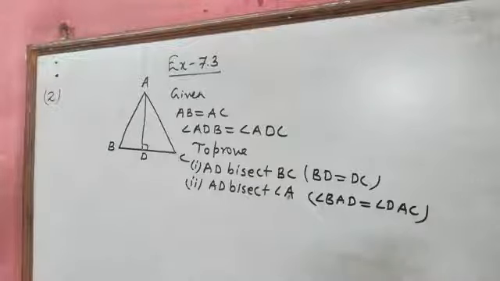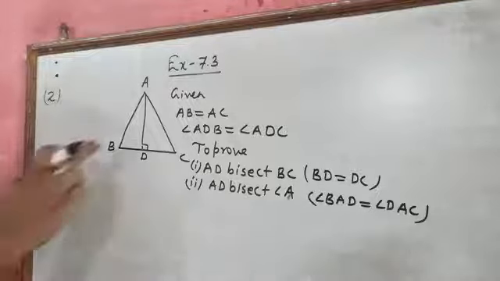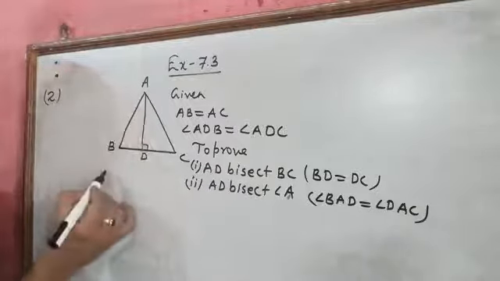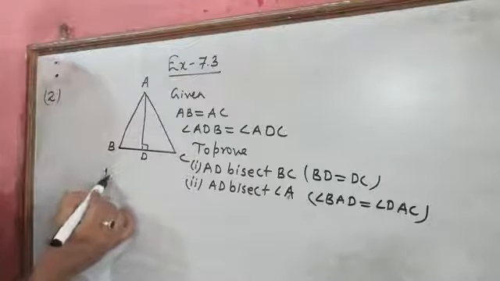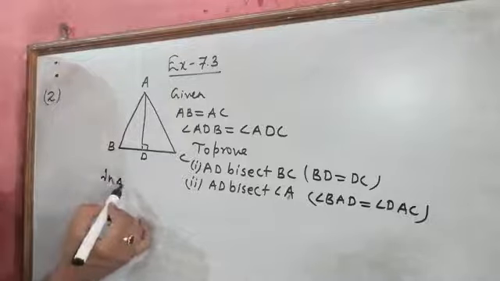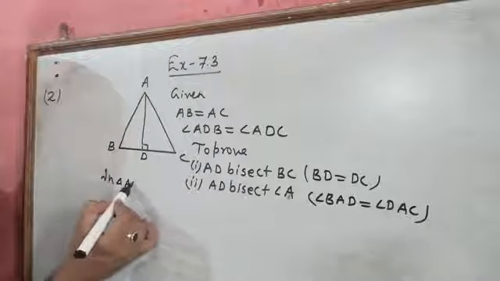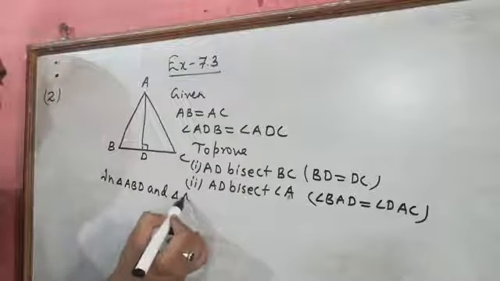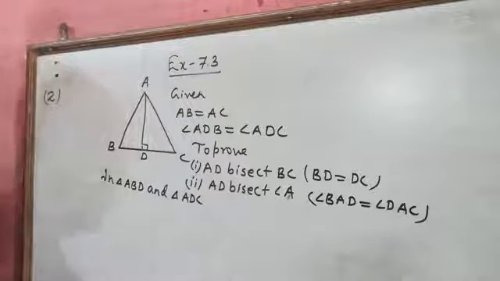So, if ABC is the isosceles triangle, the two sides are equal, and the angles are also given equal. We will take these two triangles. In triangle ABD and in triangle ADC.